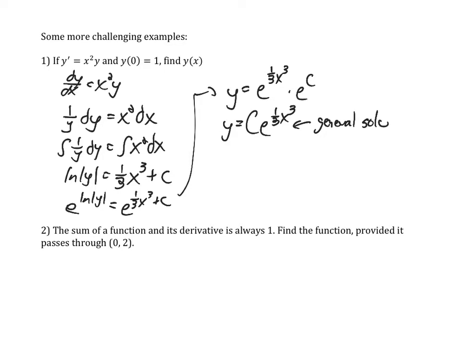Since they gave us a point, we need to find the specific solution, which means we need to find the value of c. All we're going to do is take the point and plug it in for x and y.